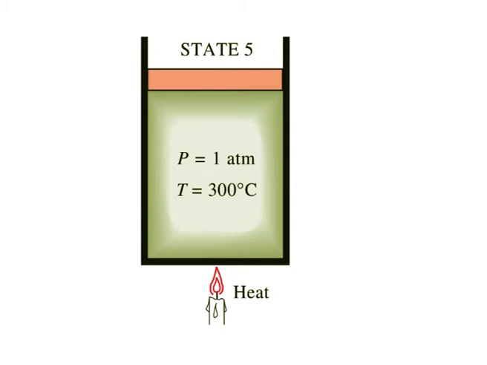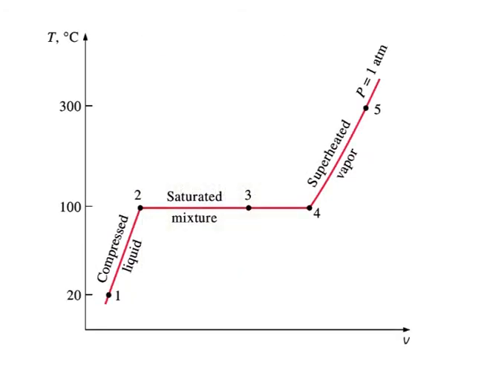A vapor that is not about to condense, that is not a saturated vapor, is called a superheated vapor. Therefore, water at state 5 is a superheated vapor. The constant pressure phase change process is illustrated on a T-v diagram in this figure.